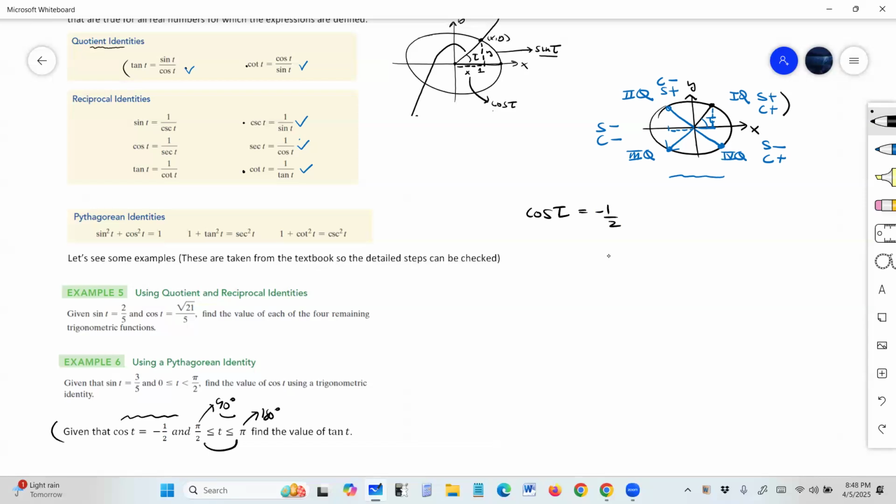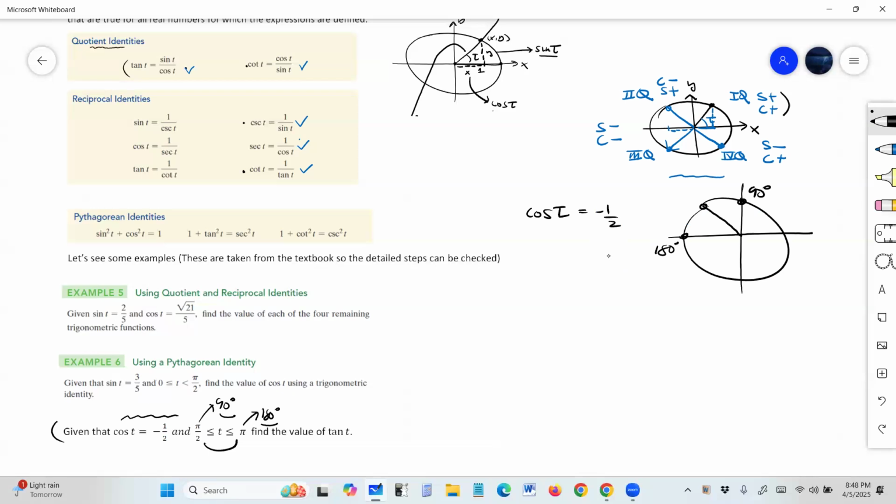So our angle is after the first quadrant and before the third. So it's in the second quadrant. So here is 90 degrees. Here is 180 degrees. So our angle is here.